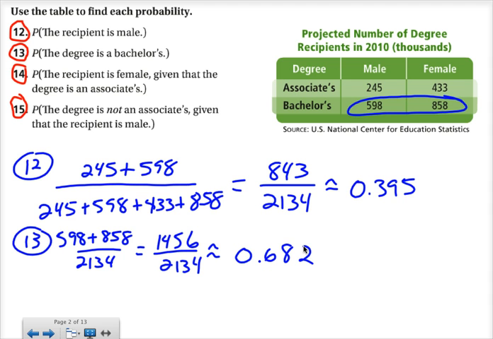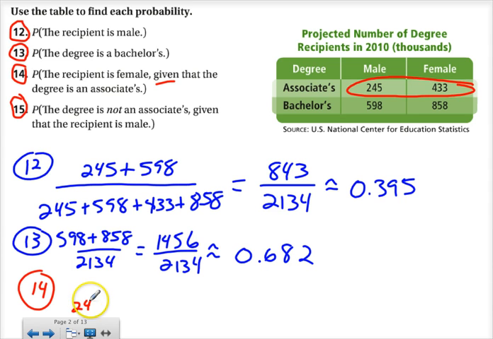Now on 14, we have to change up, because in number 14, we see that we have a given, and this time instead of using the slash, they actually wrote the word given down there. Don't let that fool you. We have to do the same thing. We have to say just out of this group. So the recipient is female, given that the degree is an associate's. Well, these people in this row are people who have earned an associate's degree.